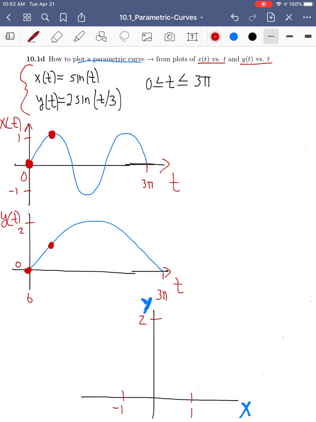For example, the value when t is equal to 0 for both x and y, then just another t value, and we can keep choosing points similarly.